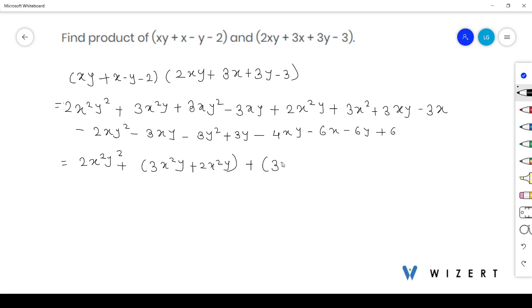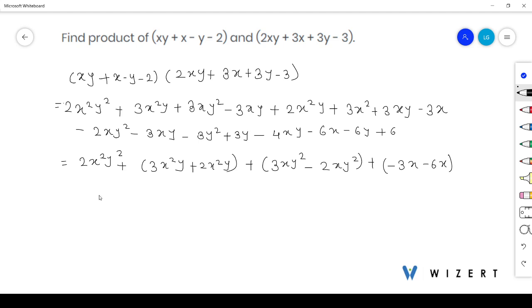So 3xy square minus 2xy square. Then for x, minus 3x minus 6x.